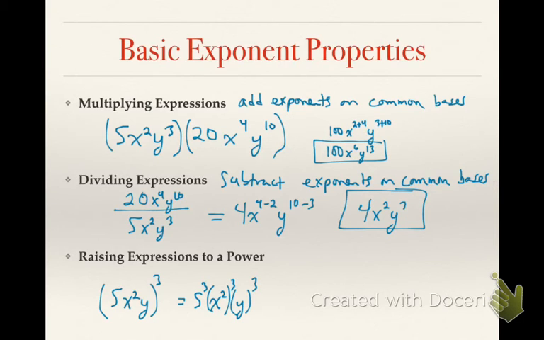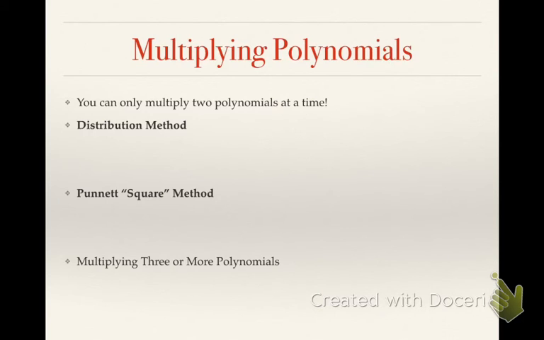Now when you raise something to a power, you multiply the exponents on the variables. Now 5 to the 3rd, 5 times 5 times 5 is 125. X squared to the 3rd, 2 times 3 gives you 6. And y to the 1st, essentially, to the 3rd becomes y to the 3rd. So you multiply the exponents.